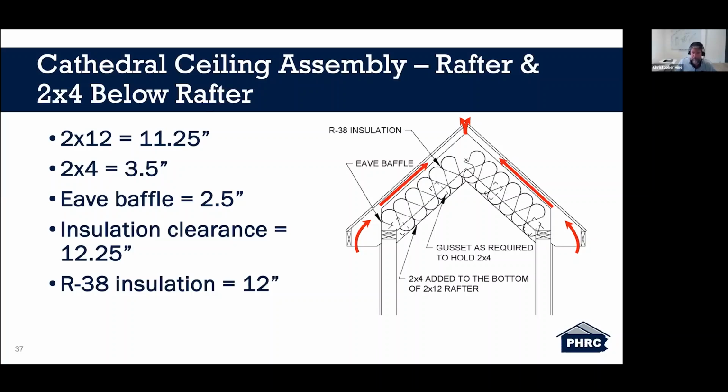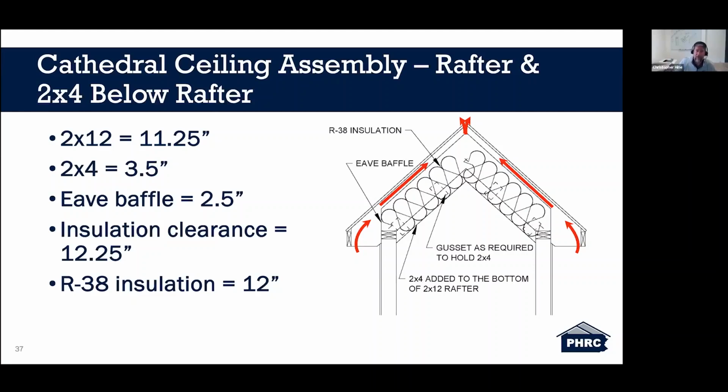Now, these 2x4s have to be attached with some sort of gusset. It could be a plywood gusset, but either way, they have to be firmly attached to carry the loading of the ceiling covering, whether it be drywall or whatever it might be.